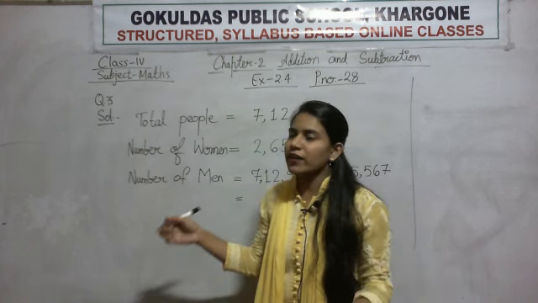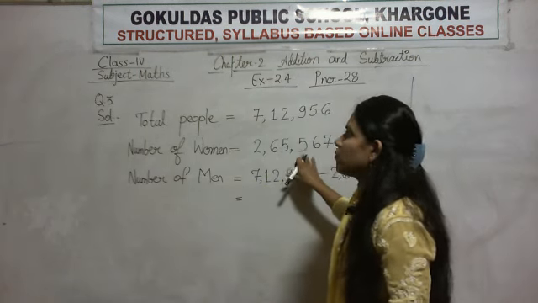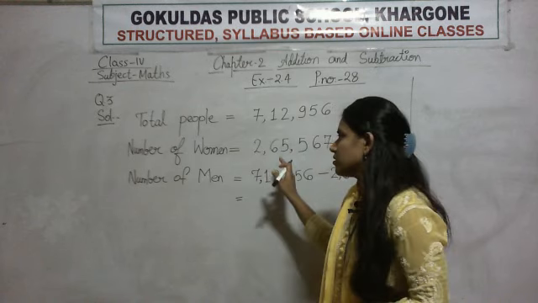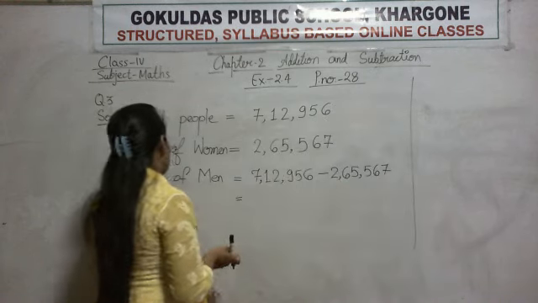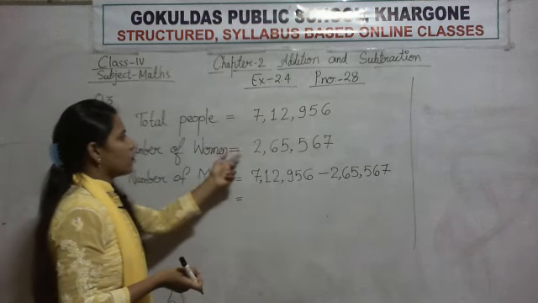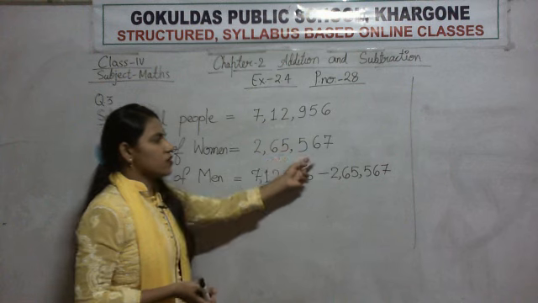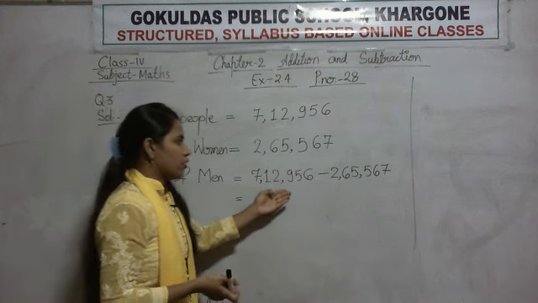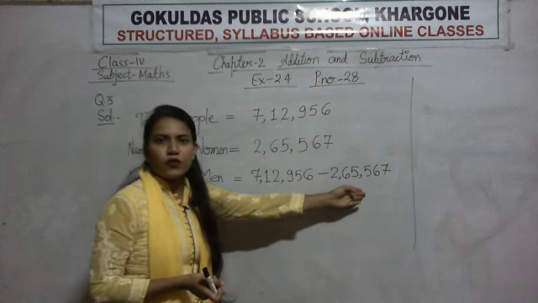So how will you find it? You will subtract the number of women from the total people and you will get your answer, right? Number of men equals total minus number of women.